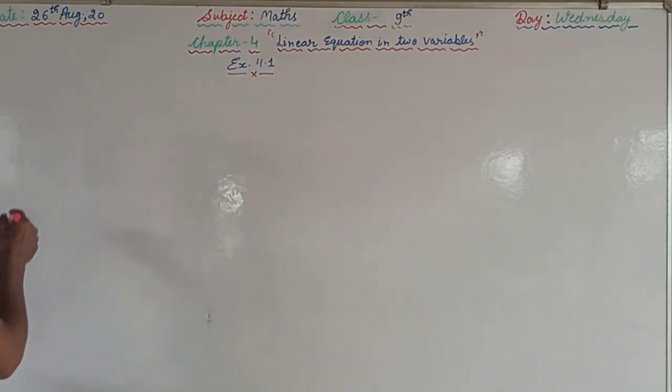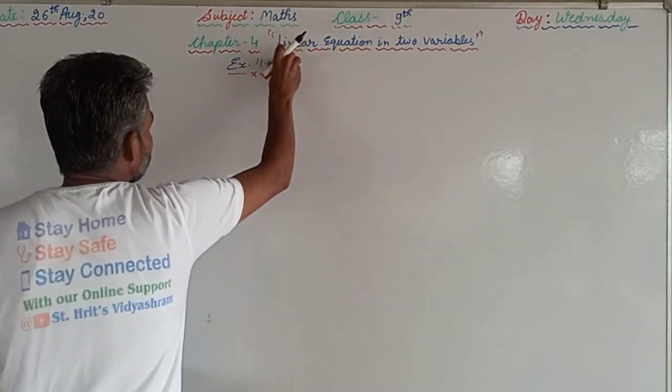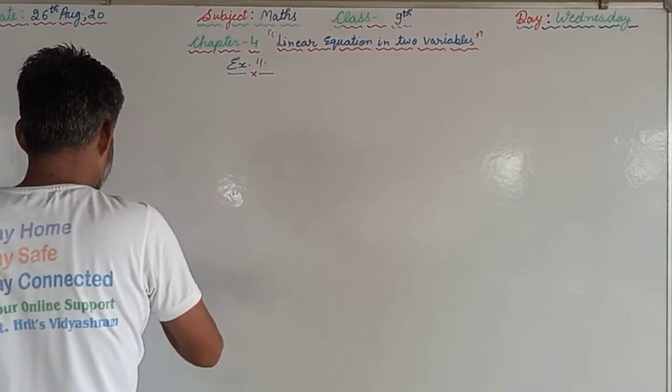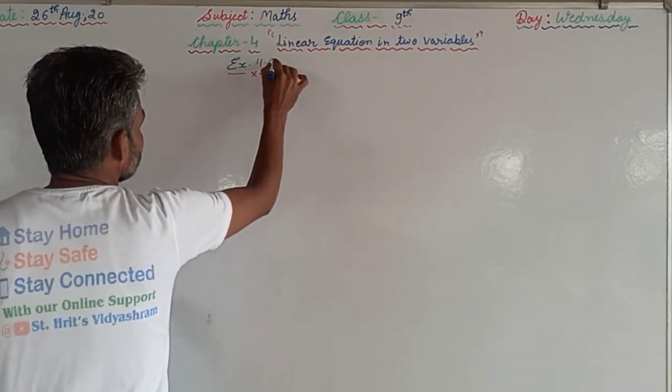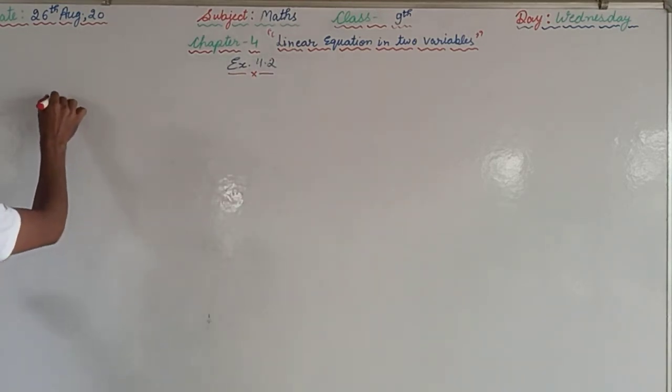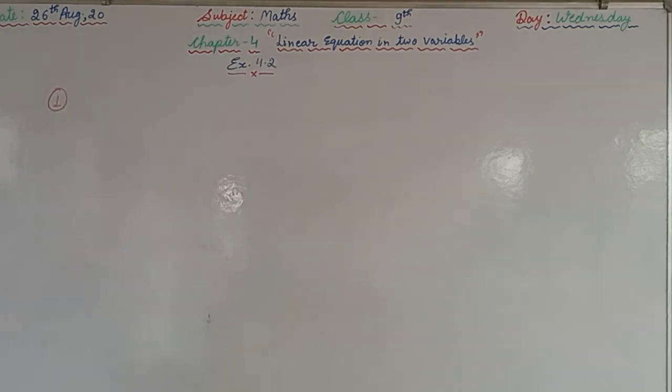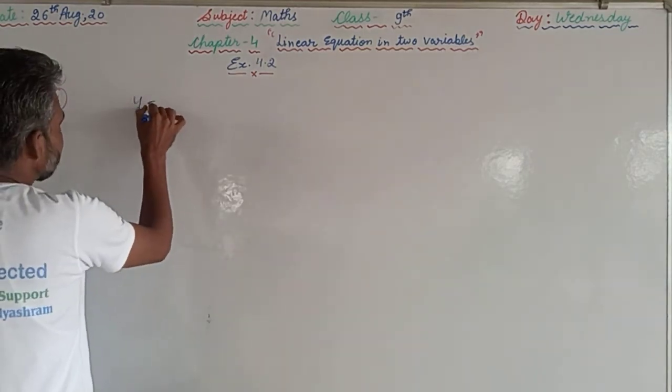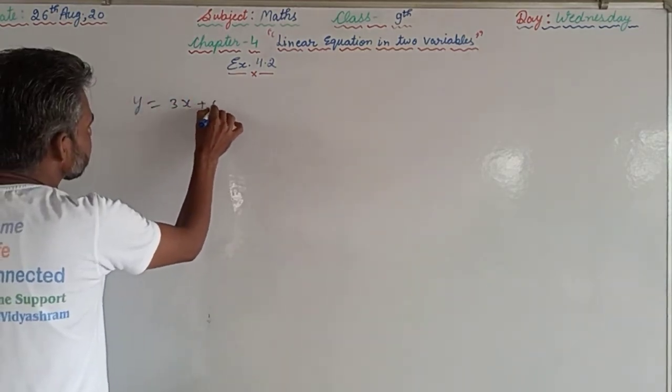Exercise 4.2, question number 1, and the equation is given, that is y is equal to 3x plus 5.